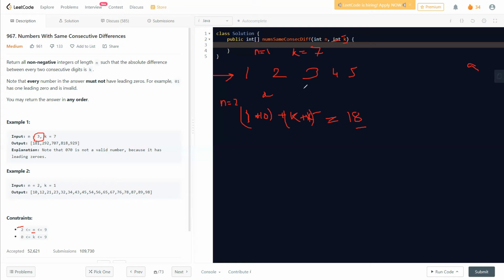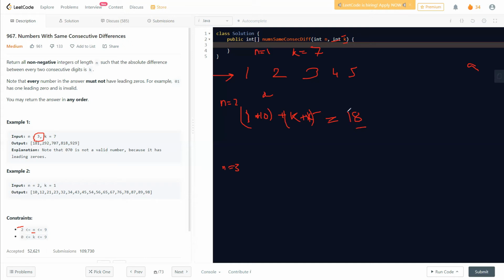Fine. Now, similarly, if we need to go for n equal to 3, what would be our approach? Similarly, we will take this 18, and here, look carefully, we will simply check the last digit.